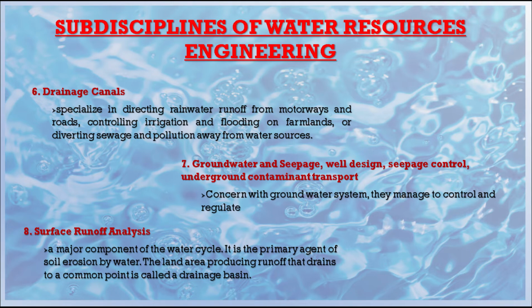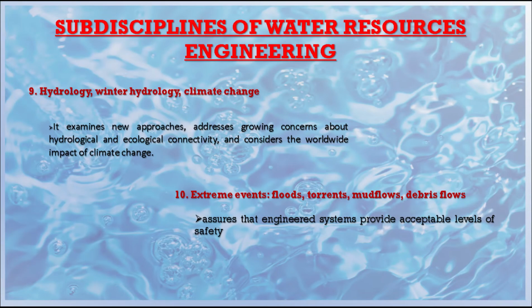Next is surface runoff analysis. It is a major component of the water cycle. It is the primary agent of soil erosion by water. The land area producing runoff that drains to a common point is called a drainage basin. Next is hydrology, winter hydrology, climate change.